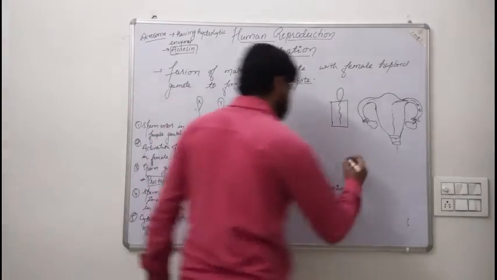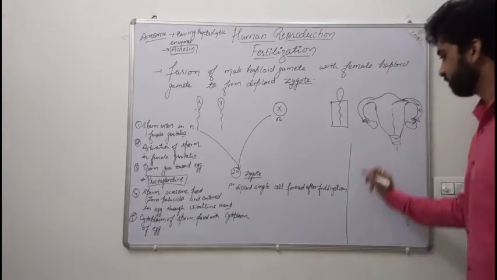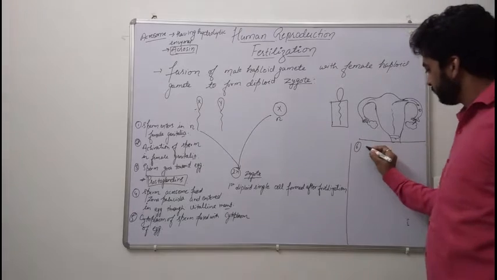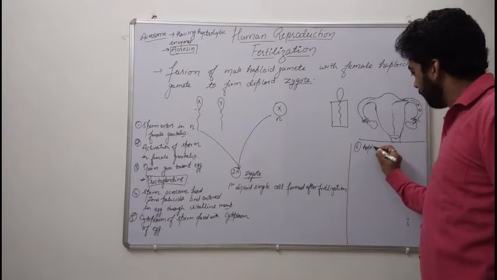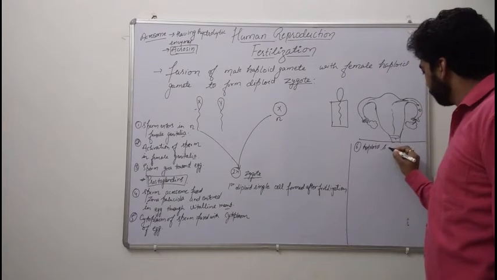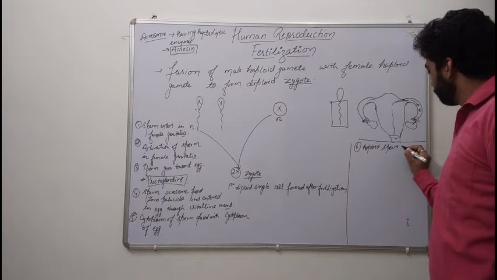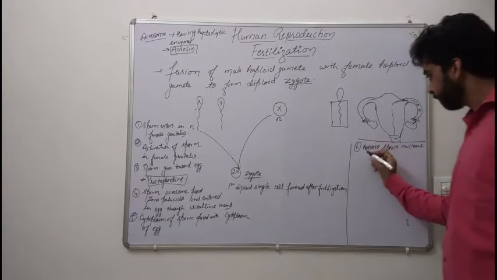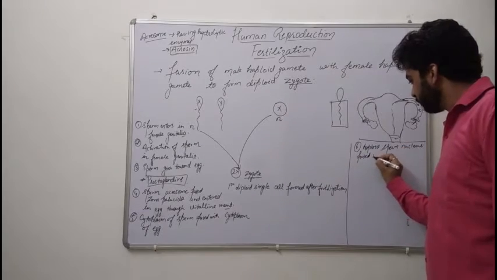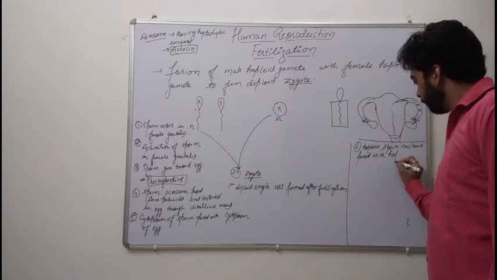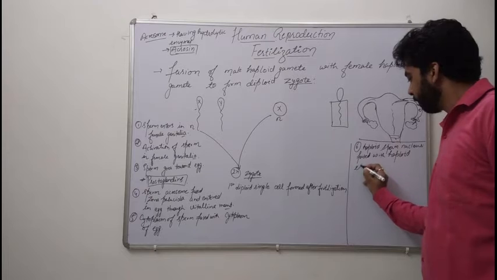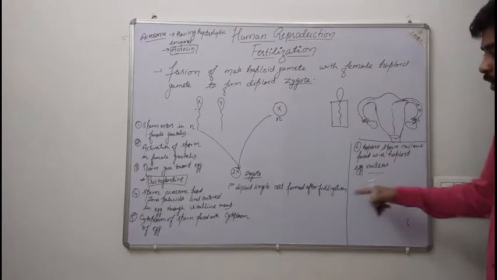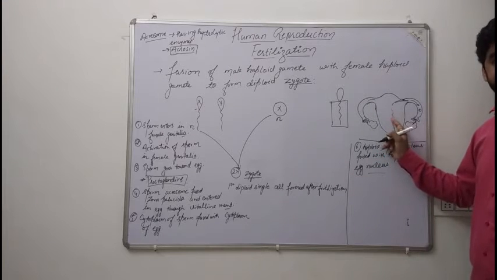The sixth one is that the haploid sperm nucleus fuses with the haploid egg nucleus. This whole process occurs in the female genitalia.